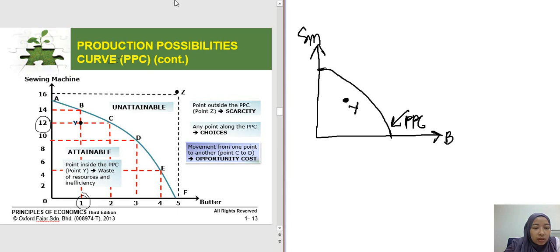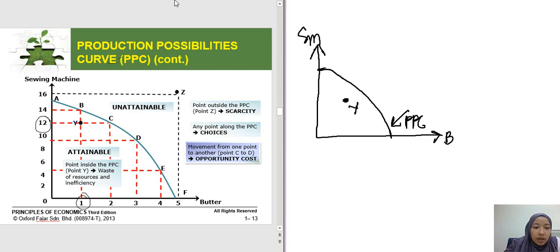Instead of 1000, you produce 2000 kgs of butter and 12 units of sewing machine, which is at point C. So move your production from Y to either B or C. That is attainable production. I put it here: waste of resources and inefficiency. Points along the curve here are what we call choices.